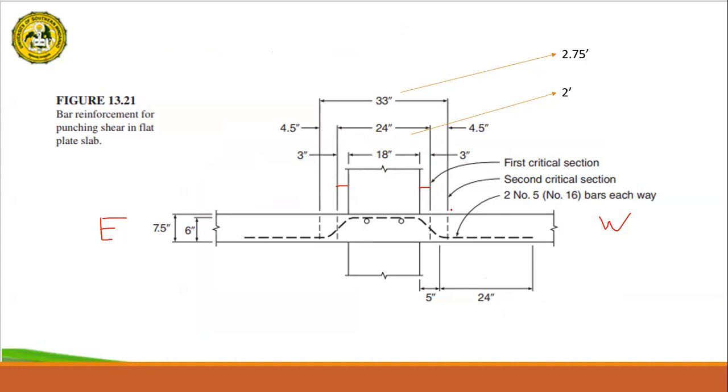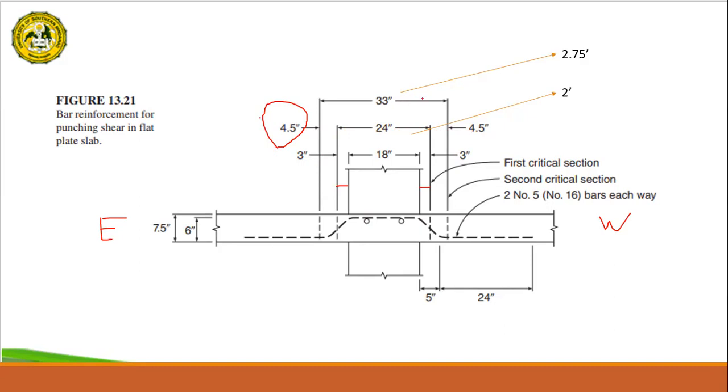And then we have here the second critical section, which is from the first critical section 4.5 inches and 4.5 inches. So how did we get 4.5 inches? In the next slide you will see how we got the 4.5 inches. So given this second critical section, 24 inches plus 4.5 plus 4.5 is 33 inches.